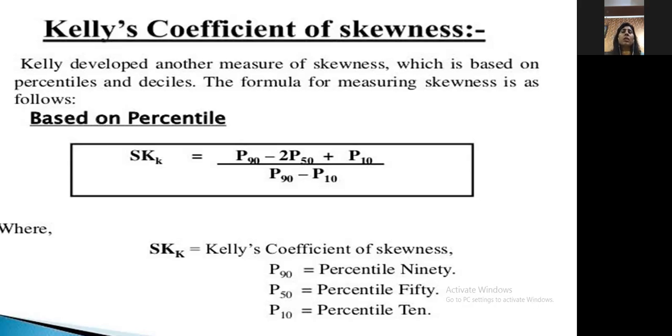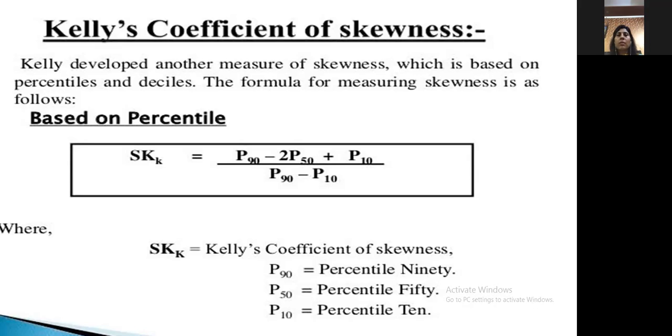How the percentiles can be used to find out the values, how the deciles can be used to find out the values. So the first thing which we have to understand is that Kelly's study is actually based on two things, that is percentiles and deciles. He has used percentiles first for finding out Kelly's coefficient of skewness.